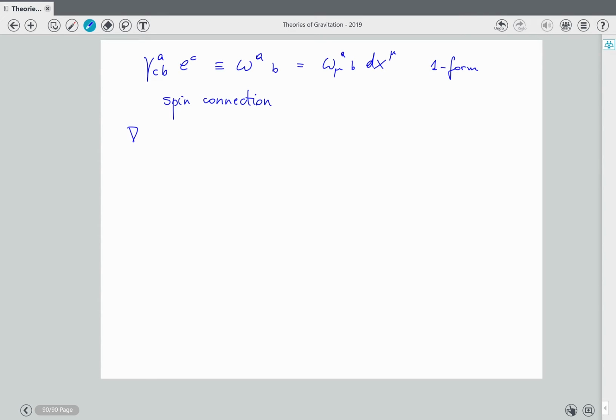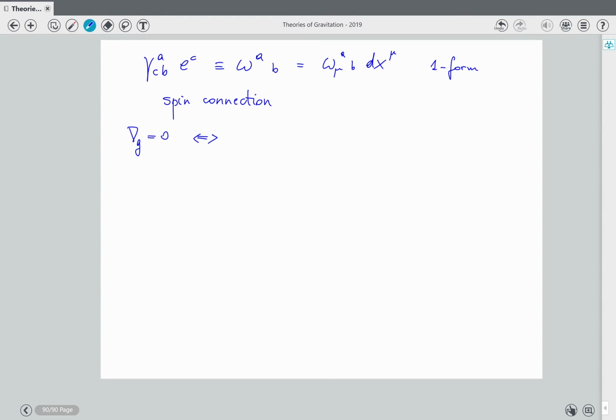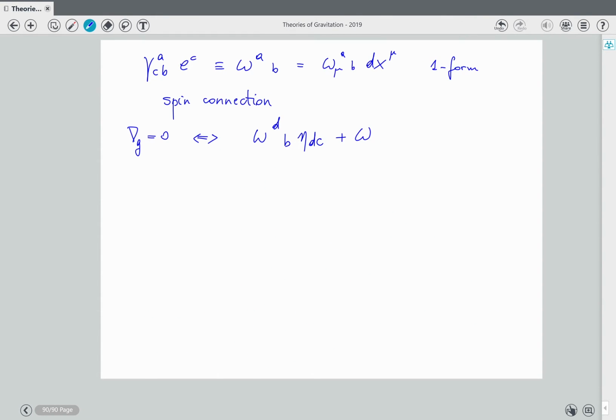So nabla G equals 0 is equivalent to what? Here, by multiplying by E superscript A, you have omega_{DB} eta_{DC} plus omega_{DC} eta_{DB}.